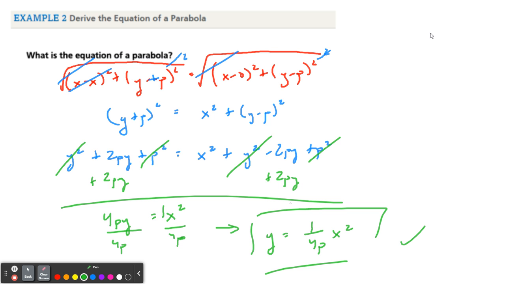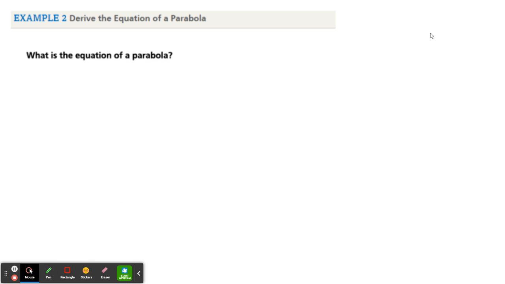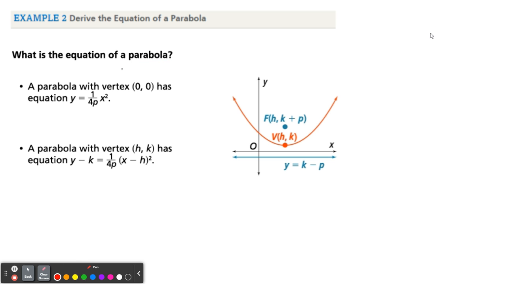So, more formally, if your vertex is 0, 0, it has this equation: y equals 1 over 4p x squared.